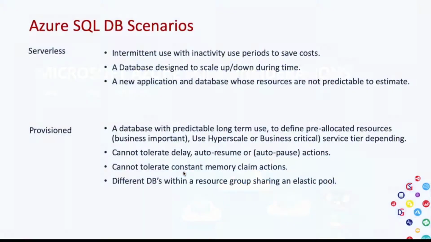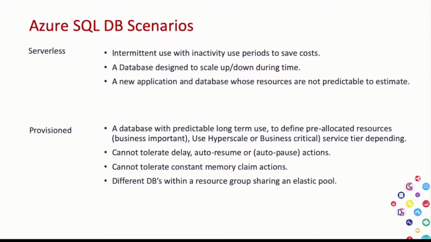So, real fast, scenarios: when can we identify that we need a serverless and a provisioned model? When we need serverless, we can identify that we need to use the inactivity periods to save costs, a database designed to scale up and down over time, or a new application maybe, and data whose resources are not predictable or easy to estimate.